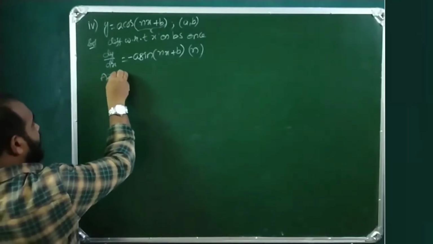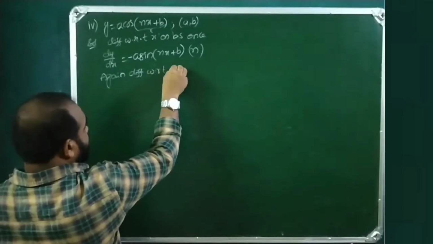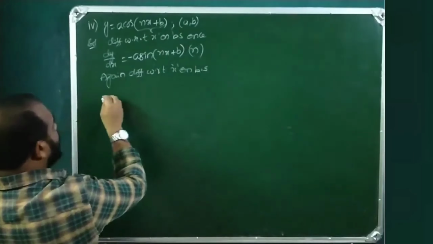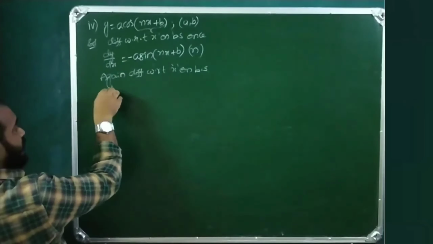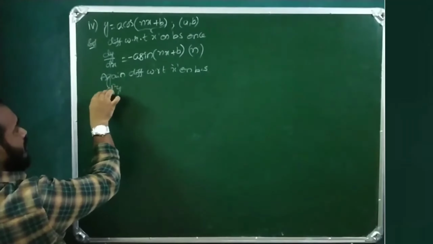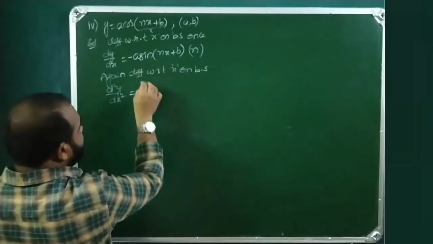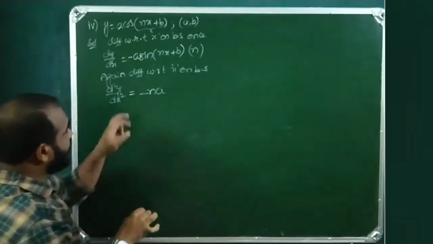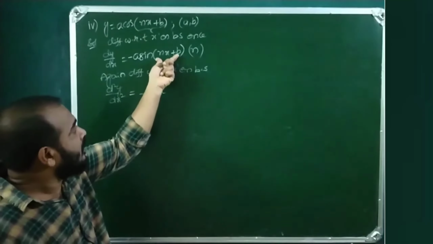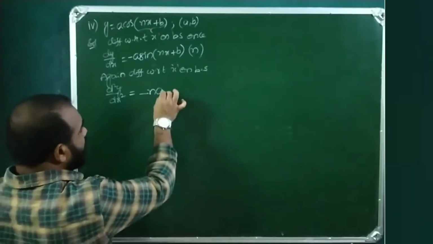Again differentiating with respect to x on both sides. So the derivative of dy by dx, the first order derivative, is the second order one, d square y by dx square, which is equal to minus n a, a being a pure constant. Now sin nx plus b, treat nx plus b to be x. Sin x derivative is cos x.